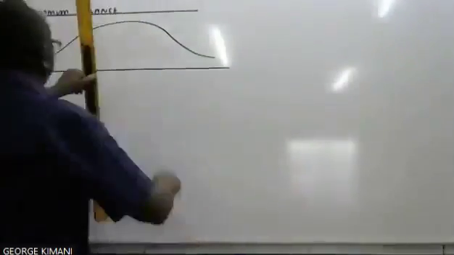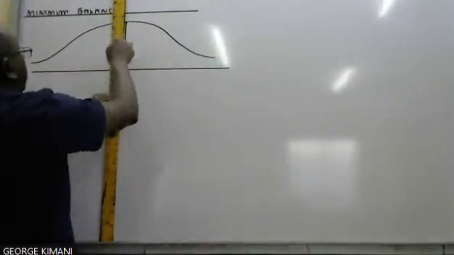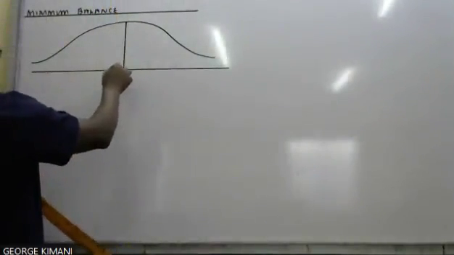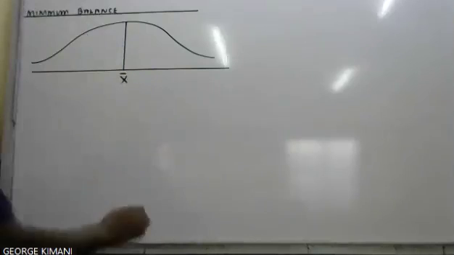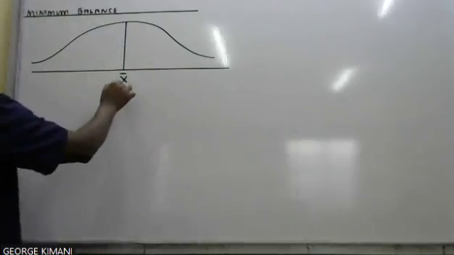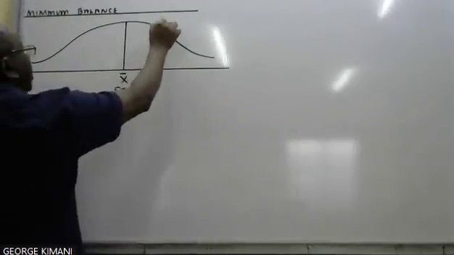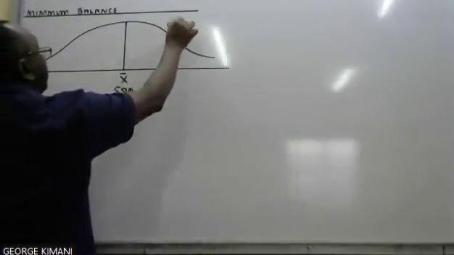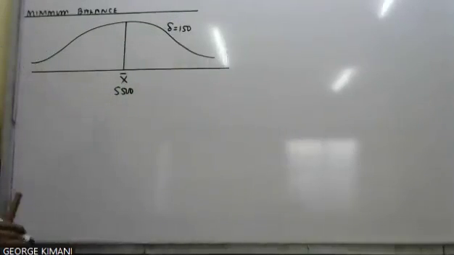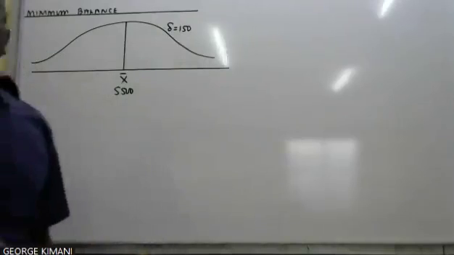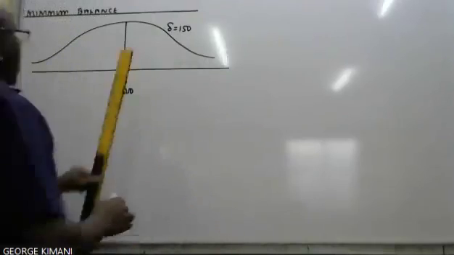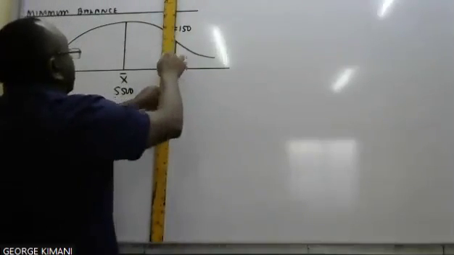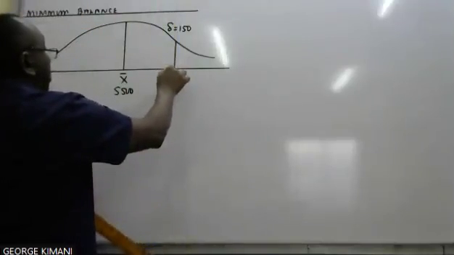And here we have X bar, and we are told the mean savings is 5,500. And the standard deviation is 150. So if they're asking for the minimum balance, so that we do not pay interest to more than 5% of customers, it means that our X1 is here.